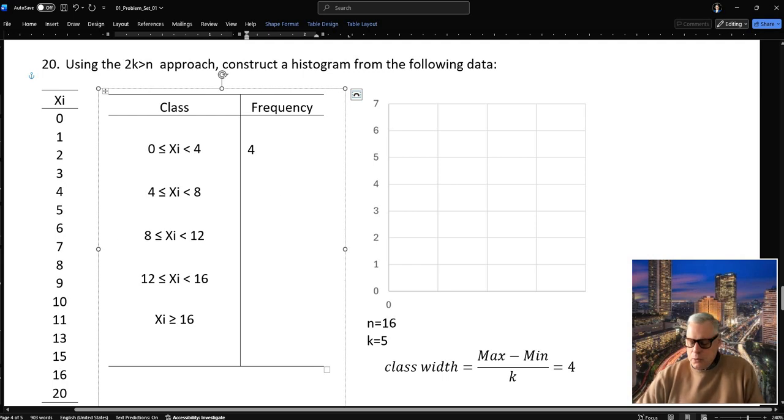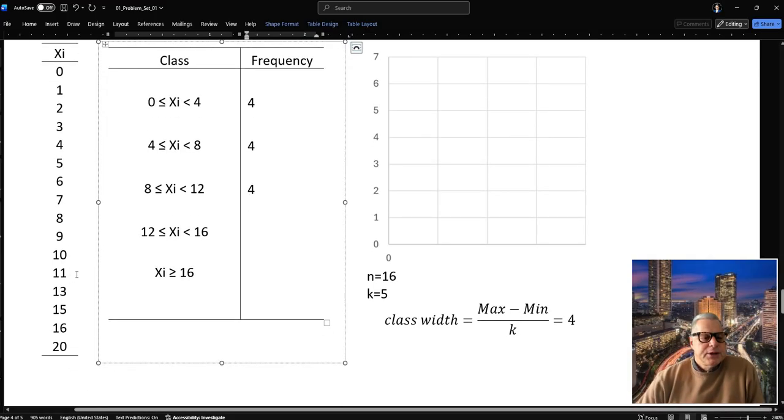That's another 4. And how many are between 8 and 12? 1, 2, 3, 4. It's another 4. How many are between 12 and 16? 13, 15. It's only 2.